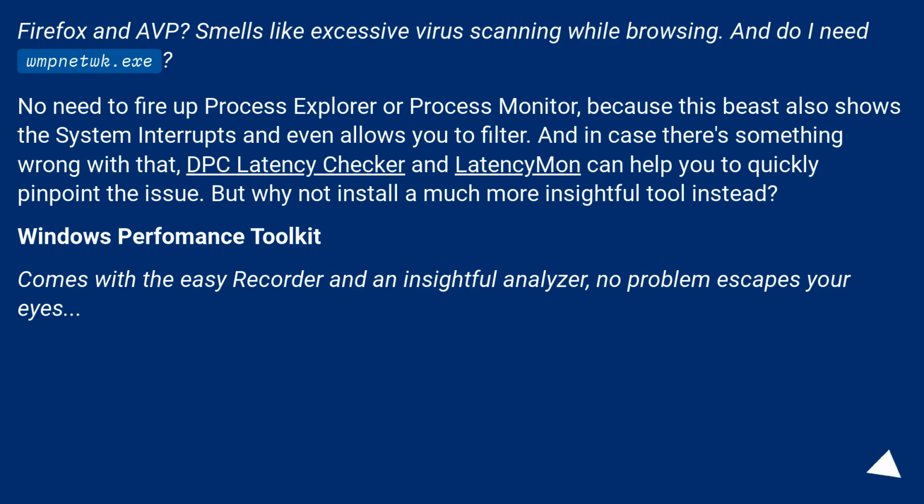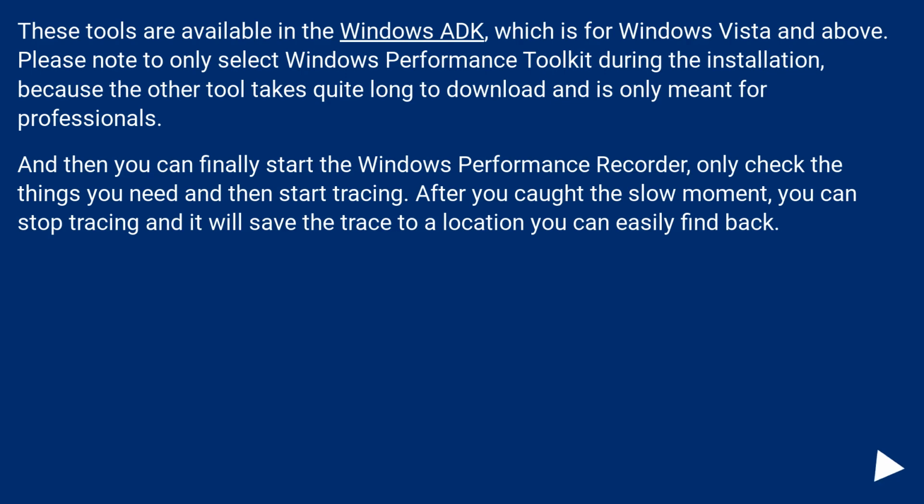Comes with the Easy Recorder and an insightful analyzer, no problem escapes your eyes. These tools are available in the Windows ADK, which is for Windows Vista and above. Please note to only select Windows Performance Toolkit during the installation, because the other tool takes quite long to download and is only meant for professionals.